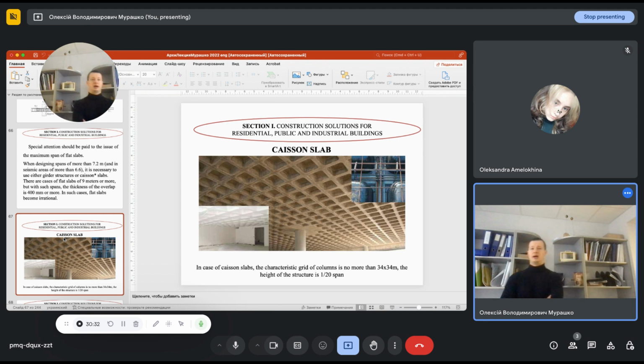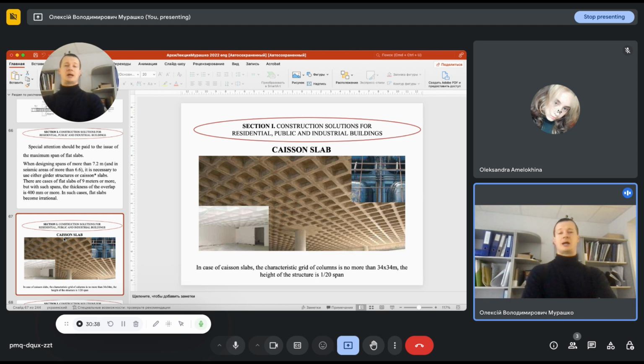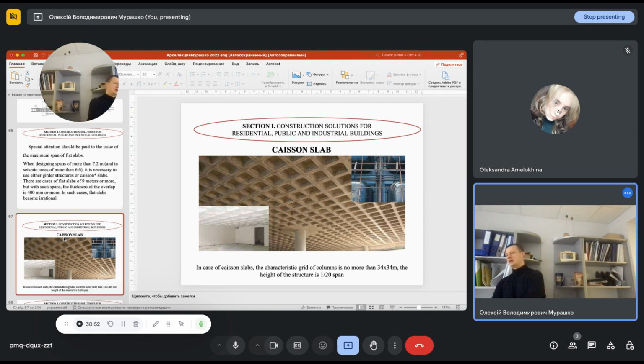Next question. Sometimes for big spans we can use caisson slabs. For example, we can use a caisson slab for spans of 34 by 34 meters. The height of such a structure is 1/20 of the span.